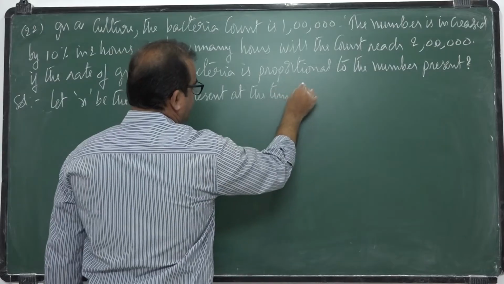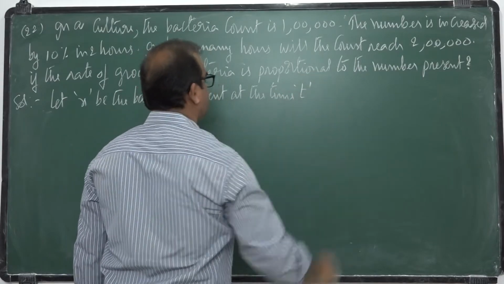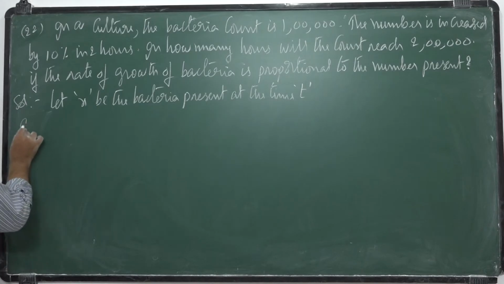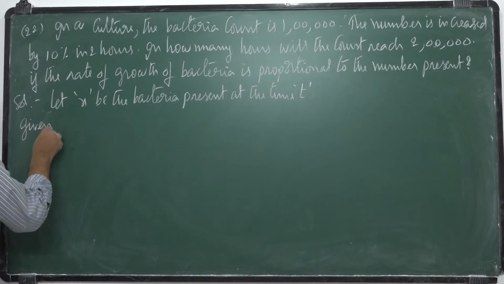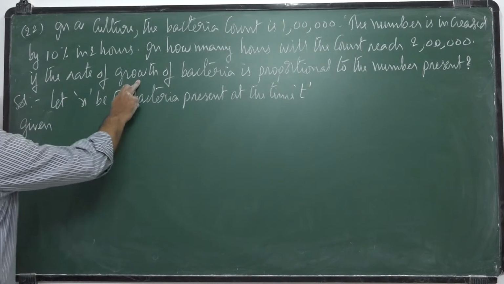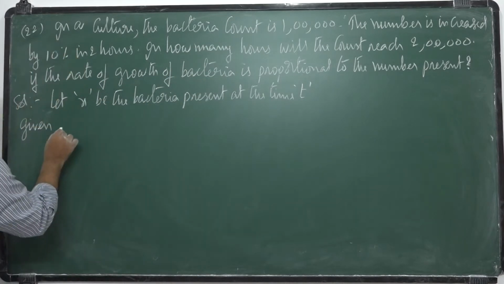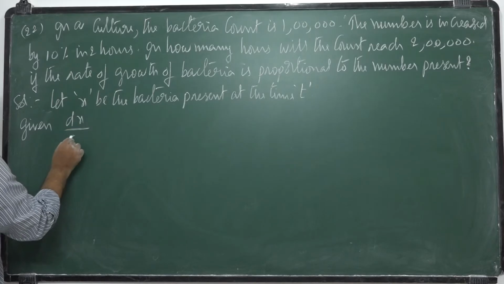Rate of growth, that means rate of increase in bacteria, is dx by dt.